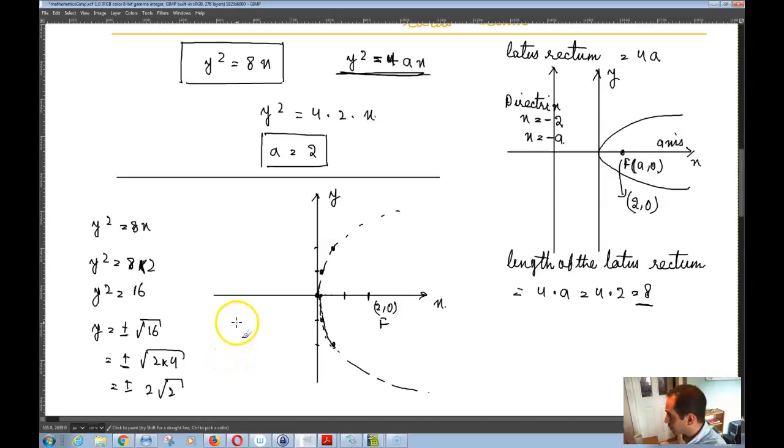Now 2 times the square root of 2 is something about 2.8. So that means that at x is equal to 2, your y is 2 square root of 2, meaning 2.8 somewhere over here, and negative 2.8, which is somewhere over here.